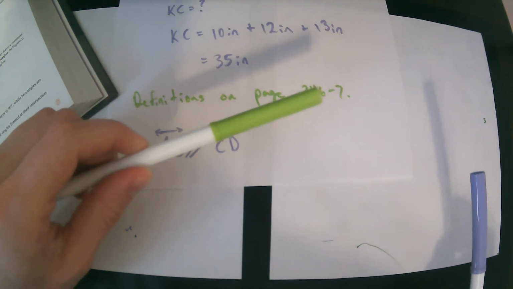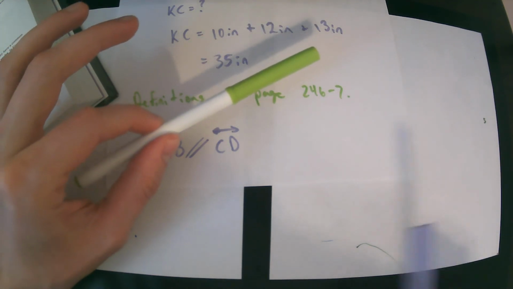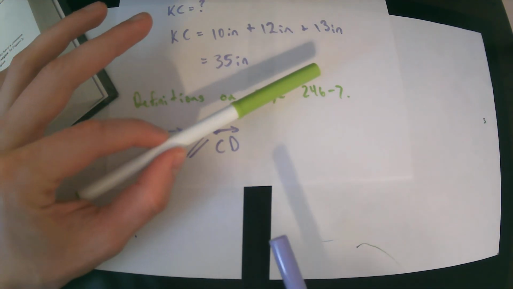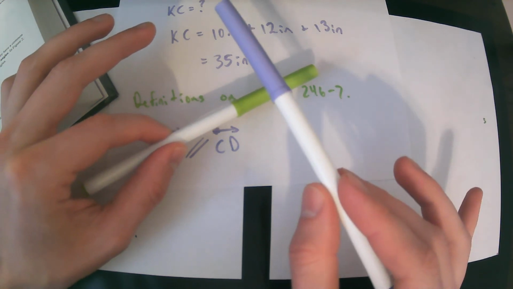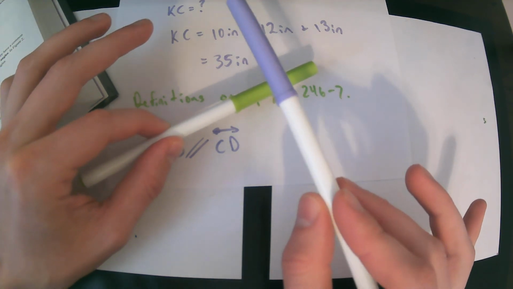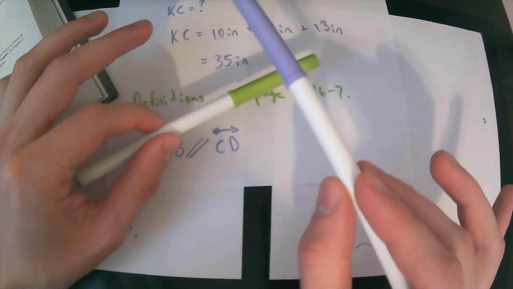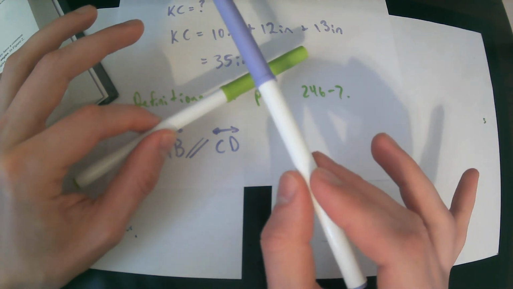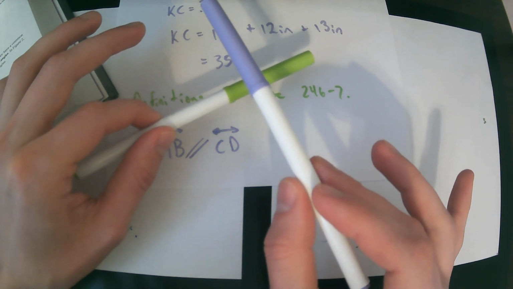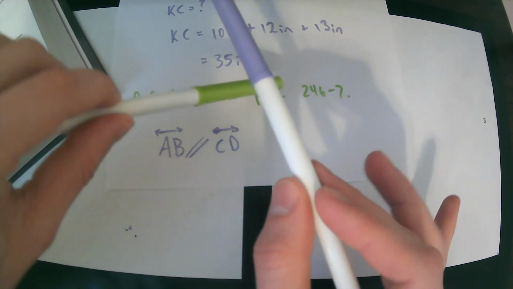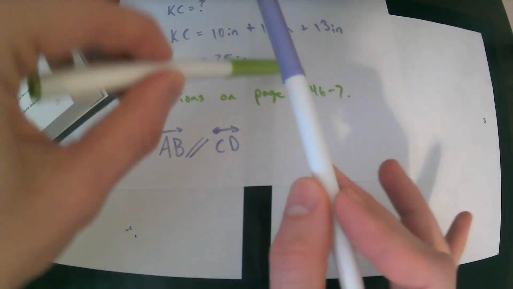If I had a line here, floating here, unbounded in both directions, and another line here, floating above it, technically they're never going to cross. If both of these lines were infinite, so use your imagination, they would never cross because one is floating above the other.